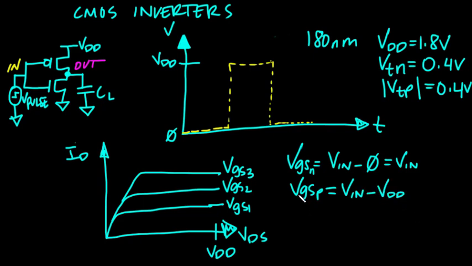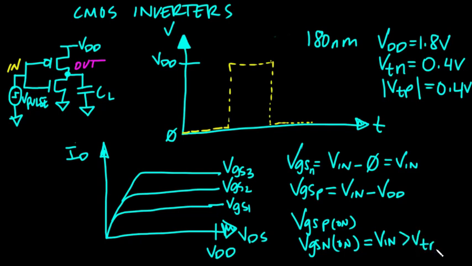Now what we want to think about is at what VGS the NMOS and PMOS devices turn on. We're going to call that VGSP on and VGSN on. For VGSN on, this one's pretty easy: Vin needs to be bigger than the threshold voltage VTN.